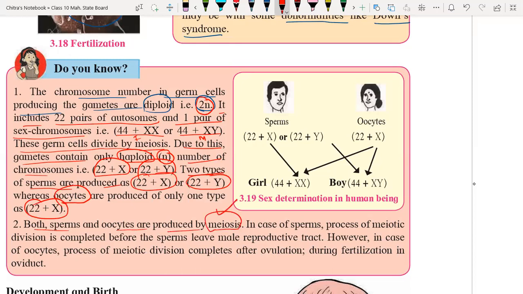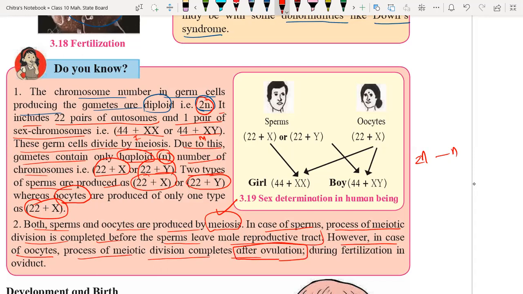Very important. In case of sperm, the meiotic division, where a 2n cell converts into an n cell, meaning half the number of chromosomes, is complete before the sperm leave the male reproductive tract. However, in case of oocyte, the meiotic division completes after the ovulation period.